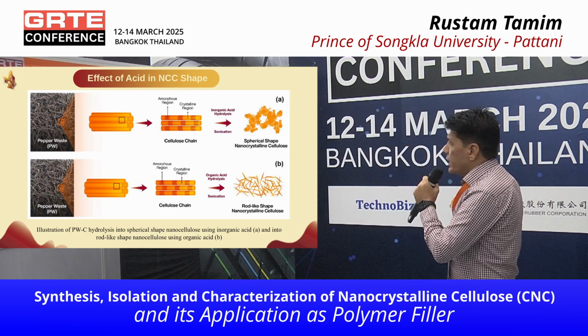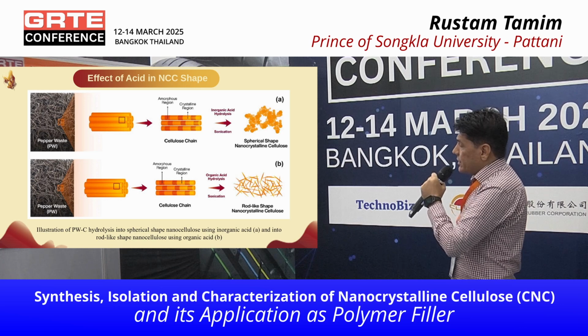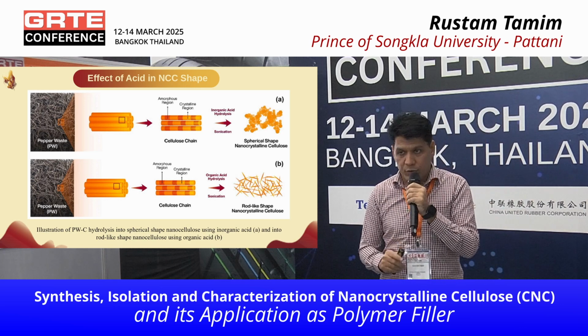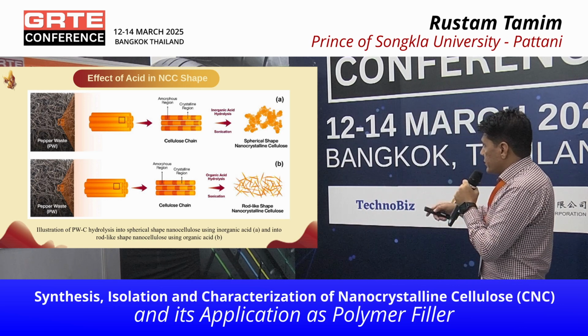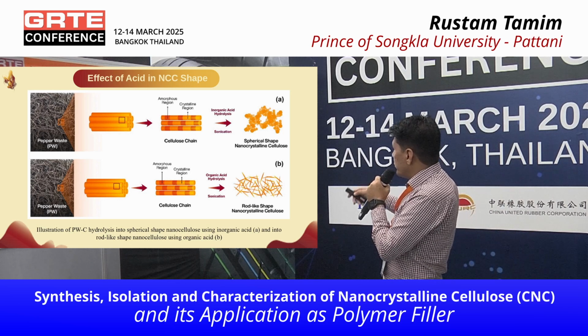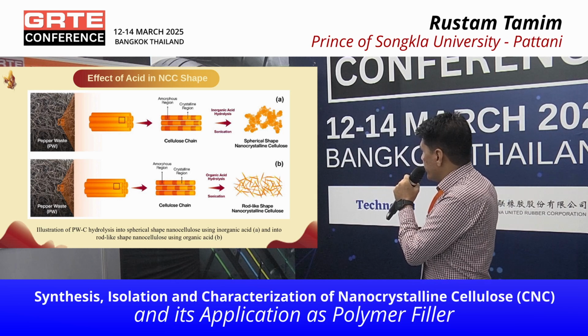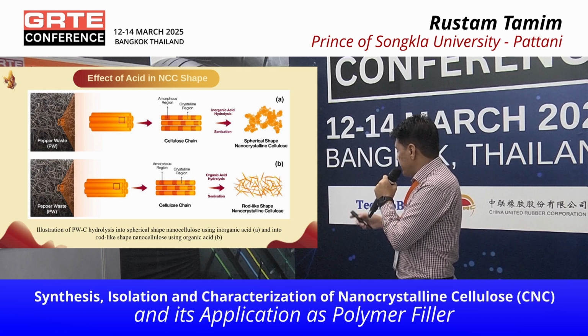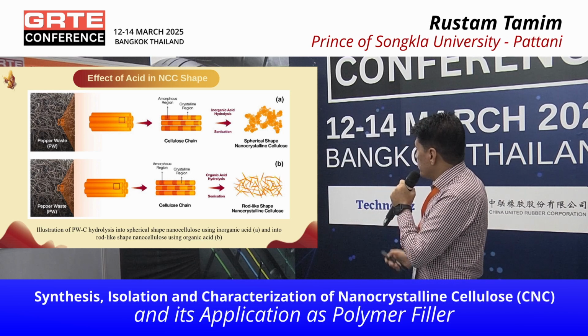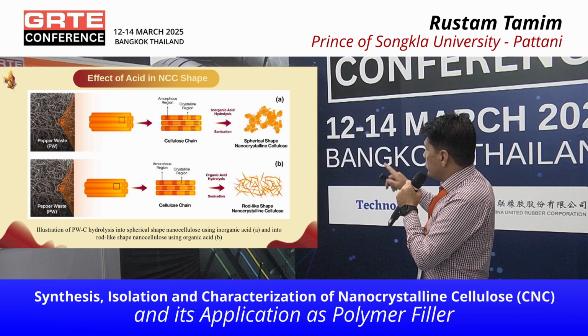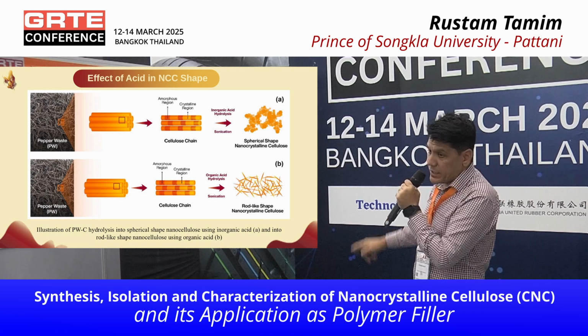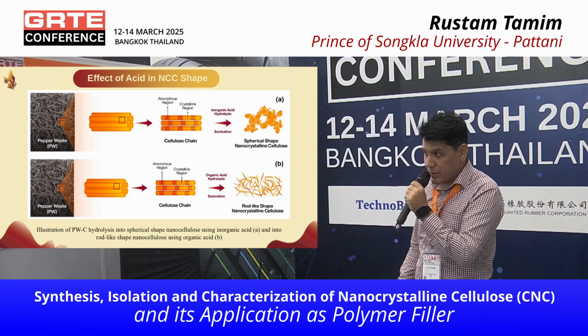Here you can see the effect of the acid on the nanocrystalline cellulose morphology. It's very clear: when you use inorganic acid, you get a spherical shape.